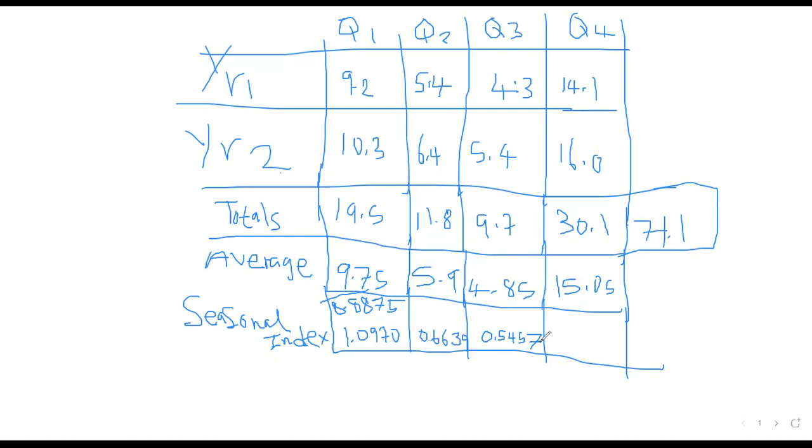Then 15.05 divided by 8.8875 gives 1.69, so 1.6934. So now we are supposed to deseasonalize the data.